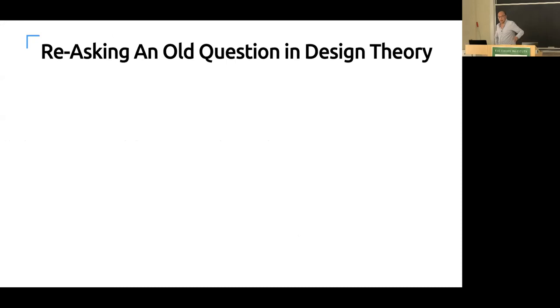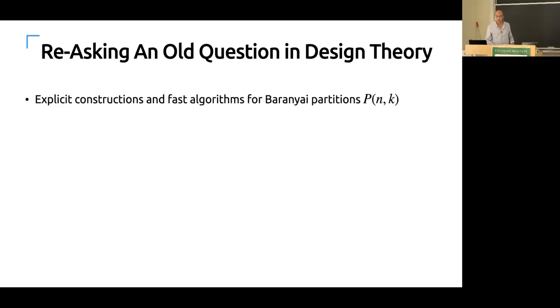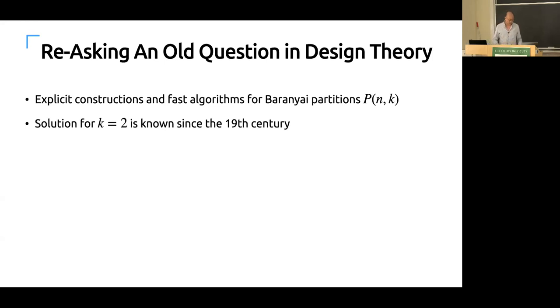There are obviously many interesting combinatorial problems arising from cooling codes and low power codes. One that's particularly interesting is re-asking an old question in design theory. Because of the applications of Baranyai partitions, we wanted explicit constructions and fast algorithms for them, which is useful for fast encoding and decoding. Explicit solutions for k equals 2 have been known since the 19th century; this is just a one-factorization of the complete graph.